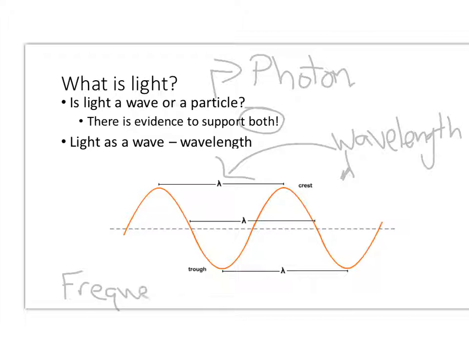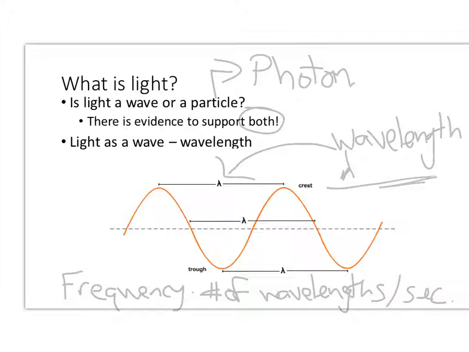This is all stuff that you learned in Gen Chem last year. Frequency is the number of wavelengths per second. Those are two really important characteristics of a wave: the wavelength, lambda, and the frequency, the number of wavelengths per second.